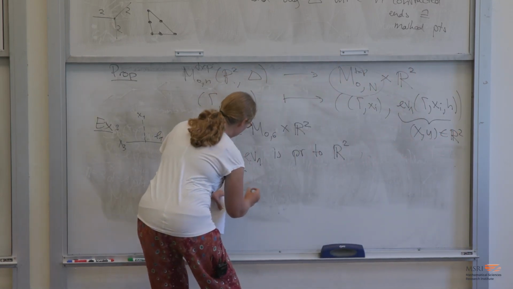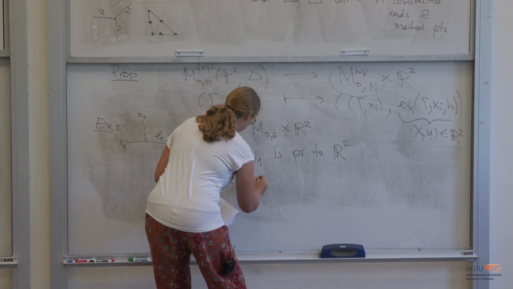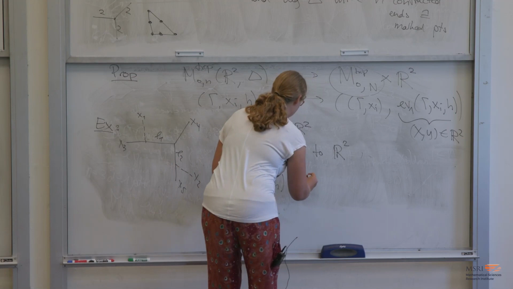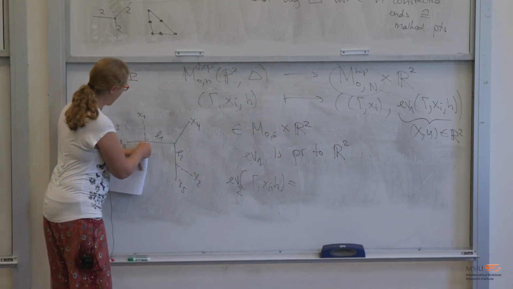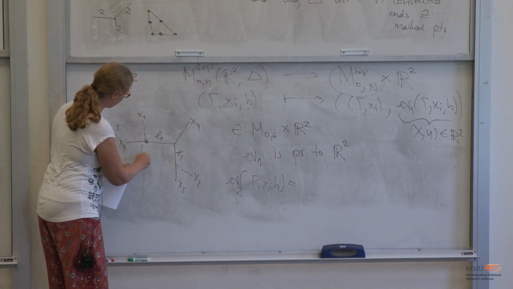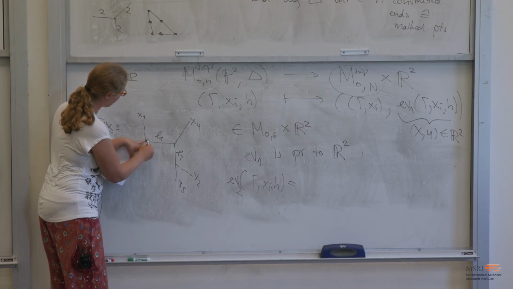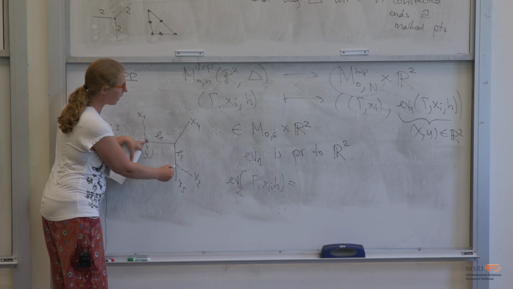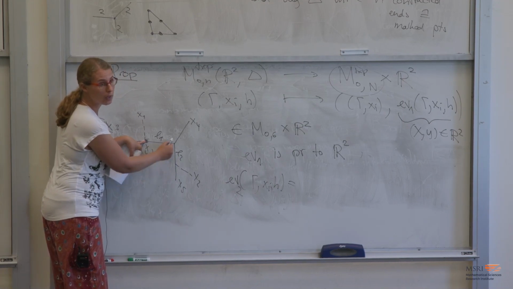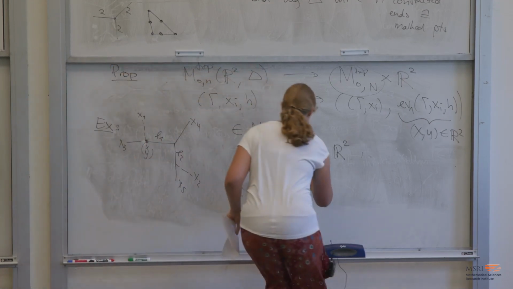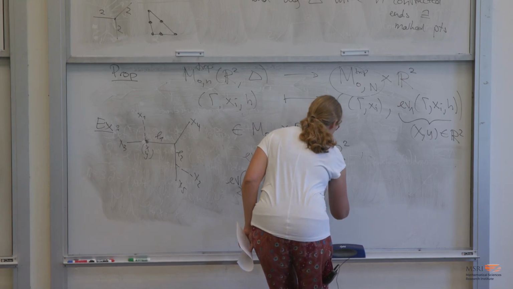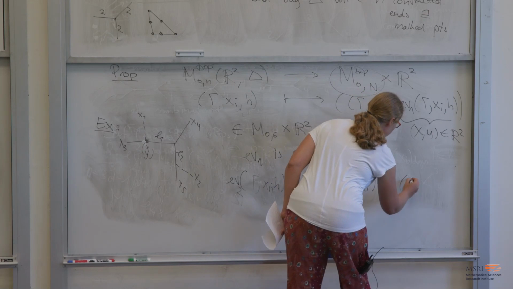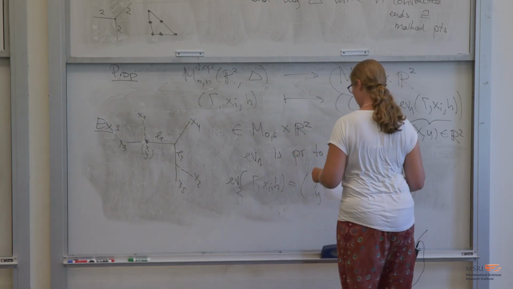Then the evaluation 2 of gamma, xi, h, I can write it as: I start at (x, y), I go L1 in this direction, which is (1, 0), and I go L2 down. So it's a relative evaluation: (x, y) plus L1 times (1, 0), plus L2 times (0, minus 1).